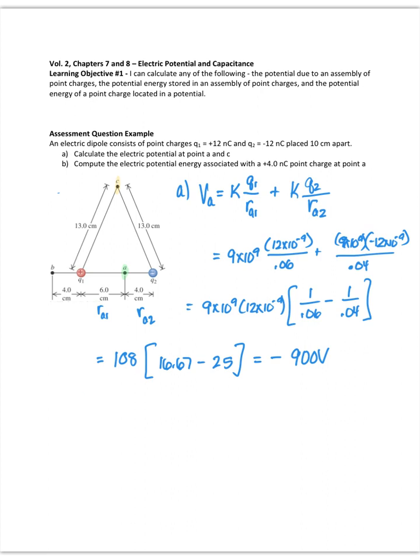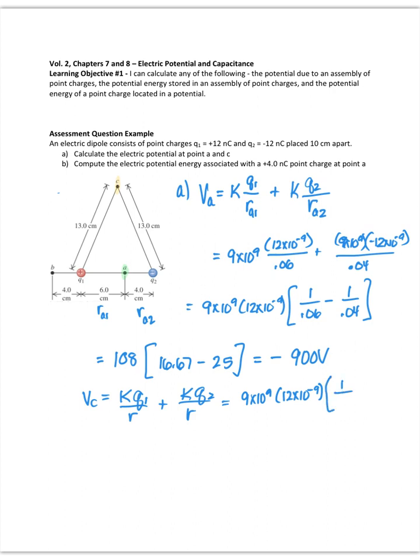If I do the potential at point C, which is at the apex of my isosceles triangle, you might realize that my distance in this case is going to be the same. And so the charges are actually going to cause these two terms to cancel out, because I'm going to get 9 times 10 to the 9th times the magnitude of the charge, and do what I did last time.